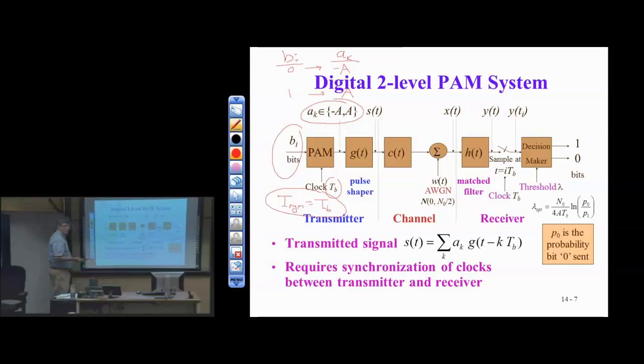Why do I have pulse shaping? I'm certainly not going to transmit an impulse train for transmission. Even if I had my impulses as narrow rectangles, why would I not do that?